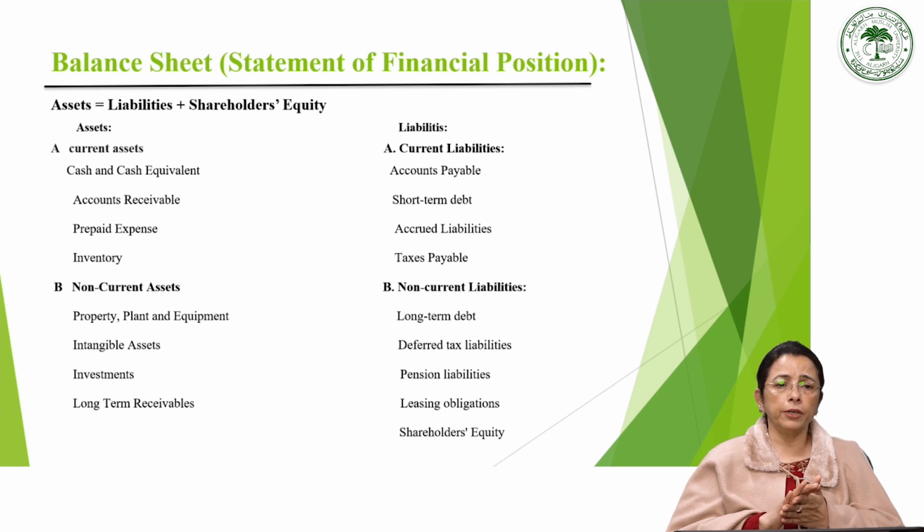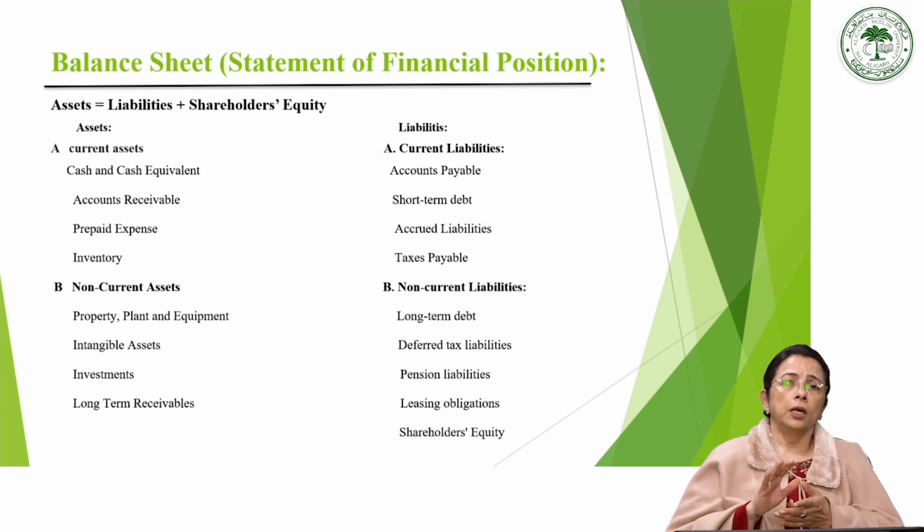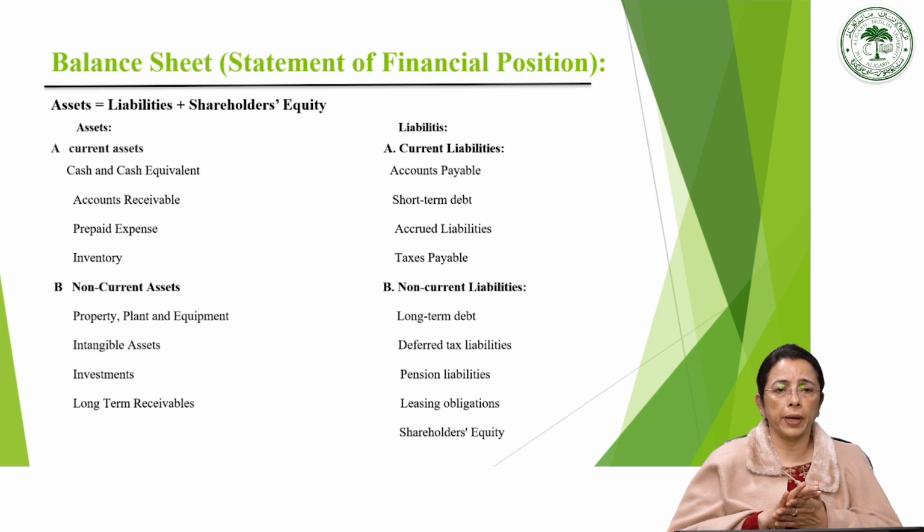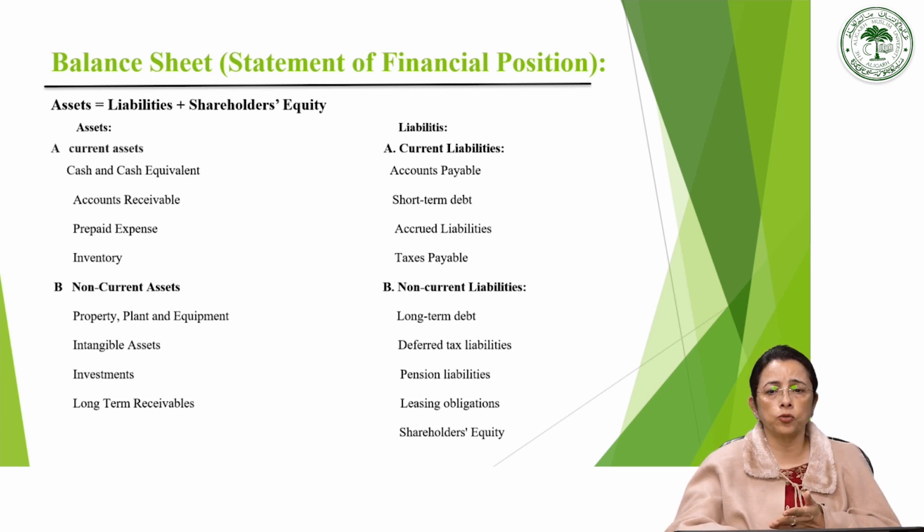So here we have all the cash available to the business, and whatever cash money is put in the bank. Cash equivalent means the money which has been put into the bank, that is to be taken under this head. Second is the account receivable, that is the amount which is owed by clients to the business for the product or services.